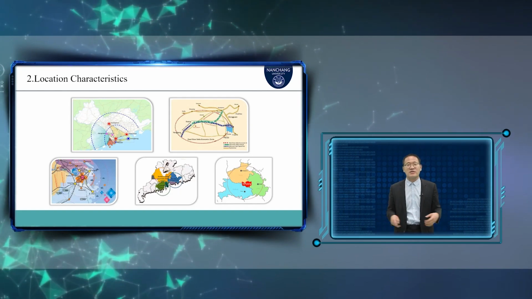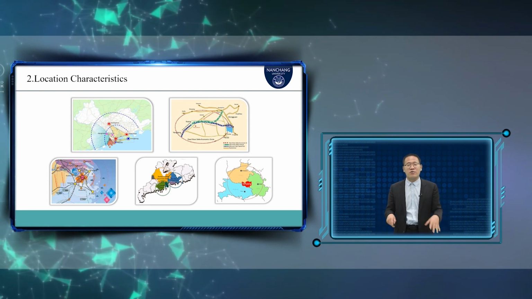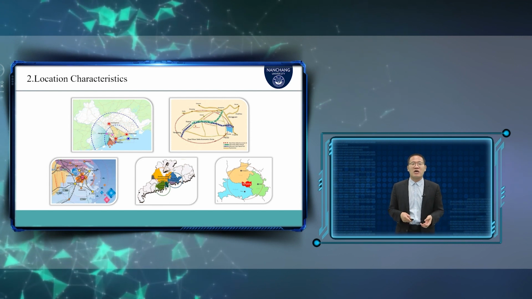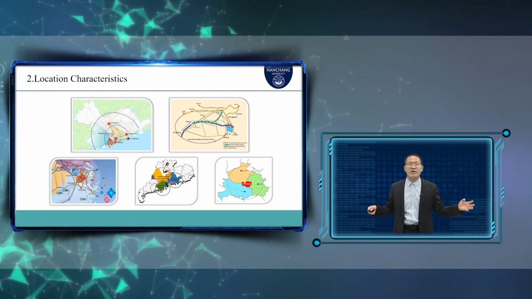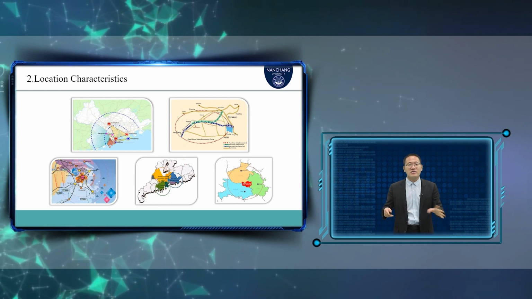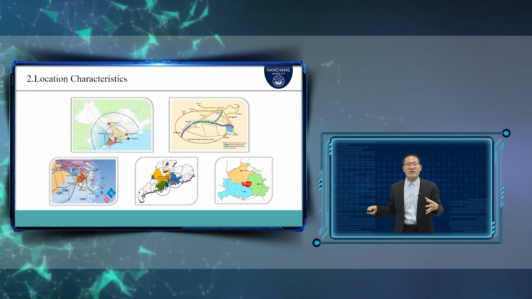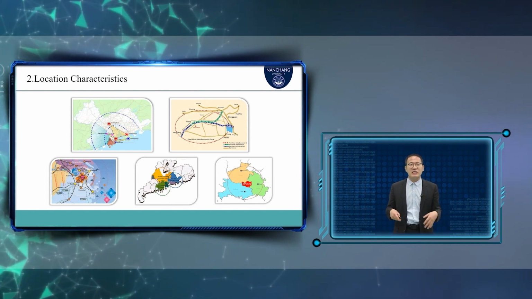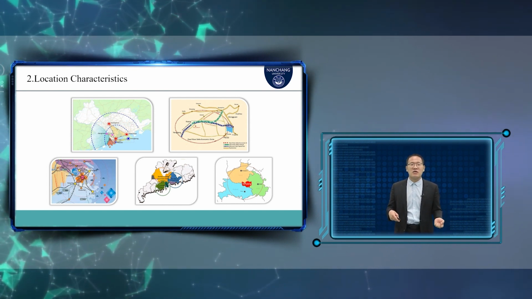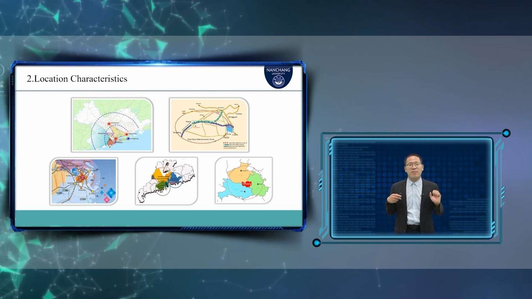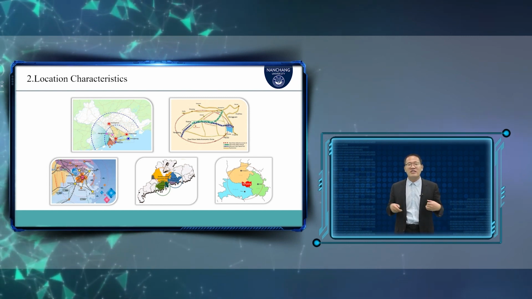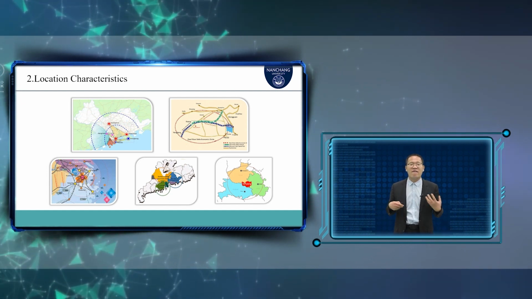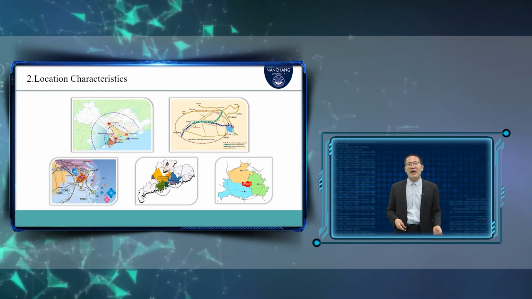The location characteristics include the linkage between the location of a county and other areas outside, and its internal spatial structure. As we all know, China has a vast territory with large differences in the location distribution among various counties. From the point of view of a county's connection with the outside world, a very simple but the most important indicator is its proximity to the central city.